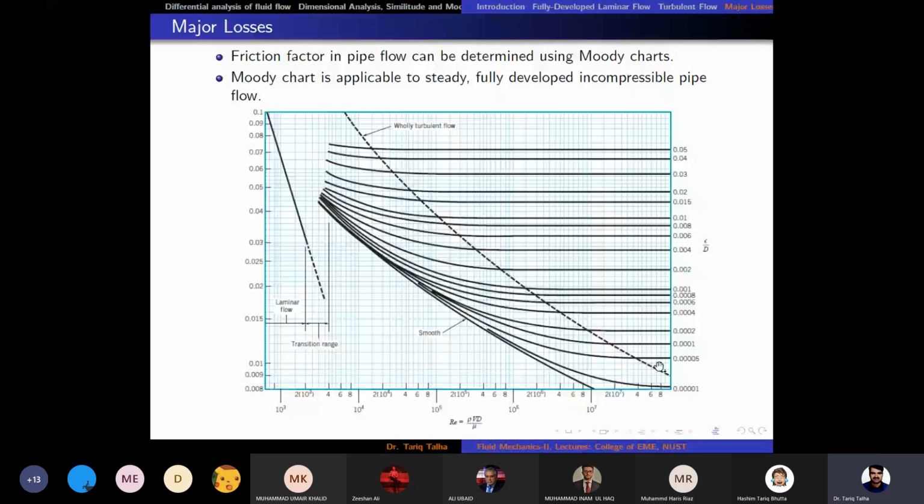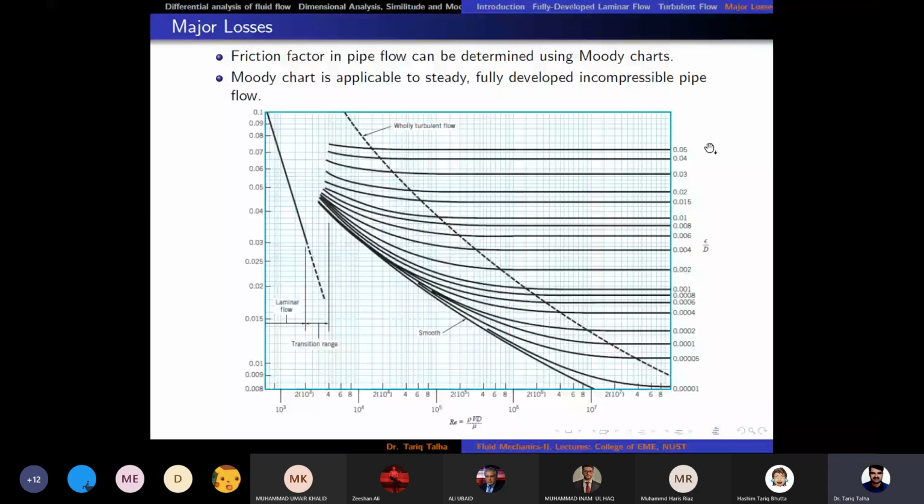If you see, after that line these friction factor lines almost become horizontal. So it means that after that value of Reynolds number, the friction factor does not depend upon the Reynolds number. It only depends upon the value of epsilon upon d, because these are the friction factor curves for different values of relative roughness, which is epsilon upon d.